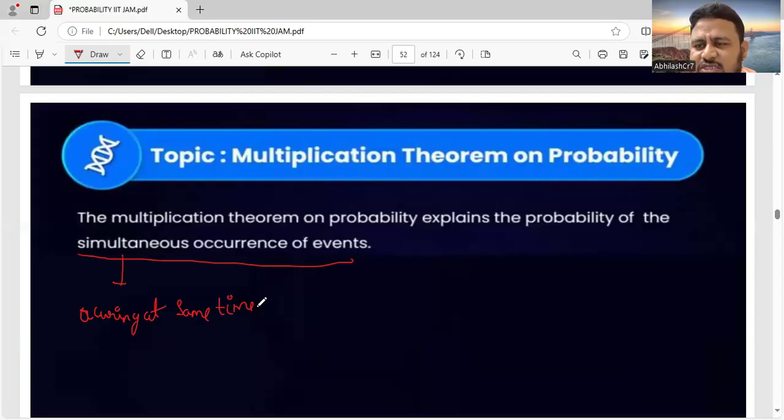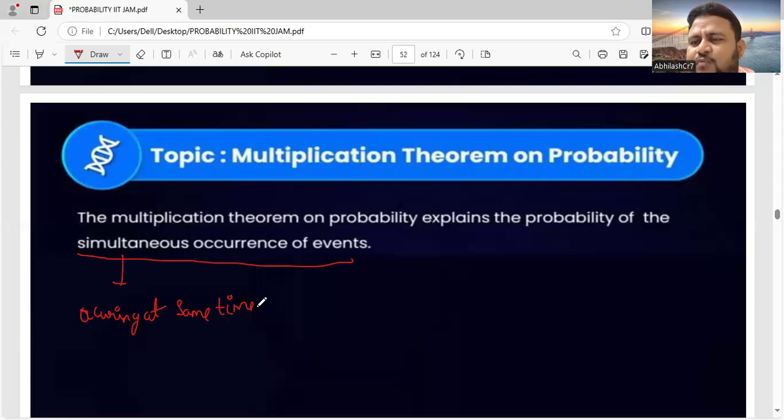Initially, suppose two events are occurring simultaneously. How do we find the probability? That is told by the multiplication theorem on probability. Friends, did you understand? The multiplication theorem on probability talks about the simultaneous occurrence of events.